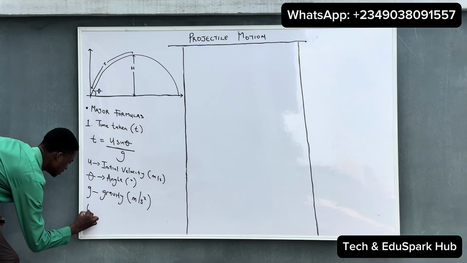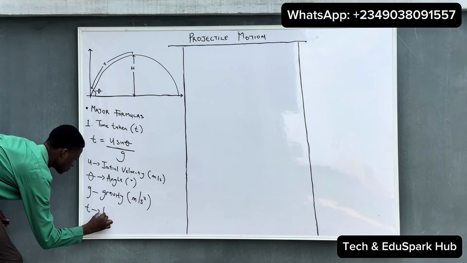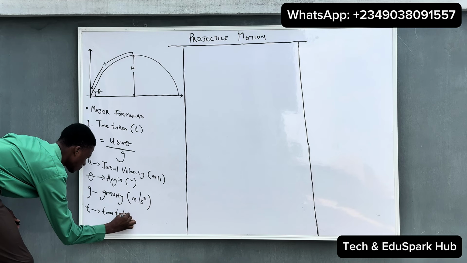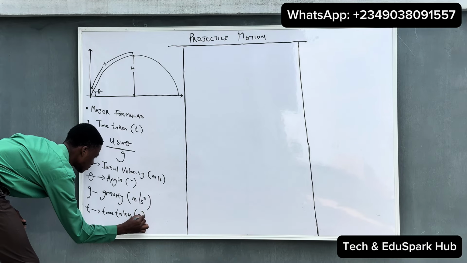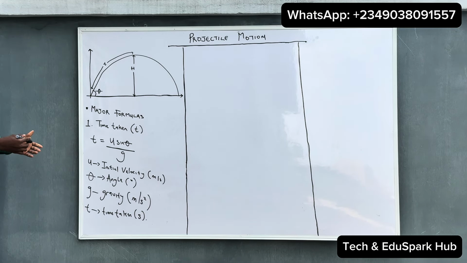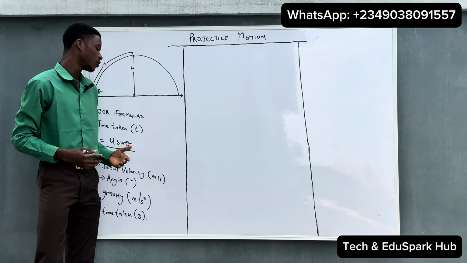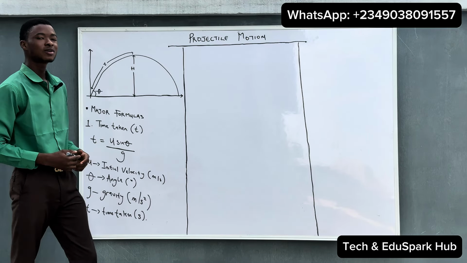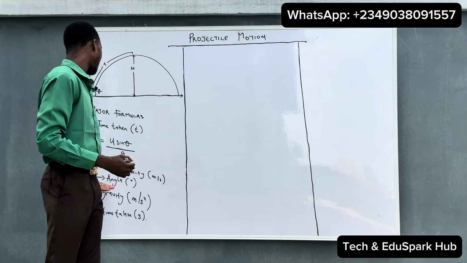And the time taken, which is the t, is in seconds. So this is all about the first formula, which is the time taken, given as u sine theta over g. So let's look at some examples under this time taken.